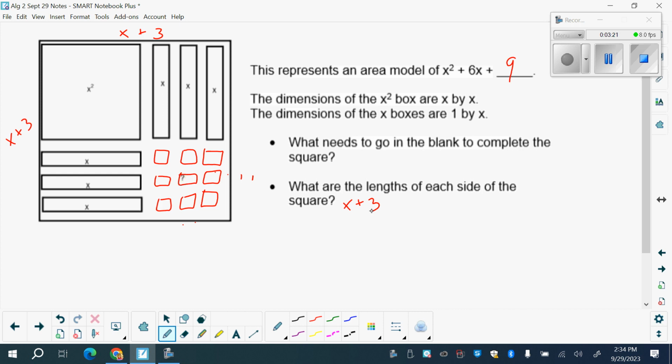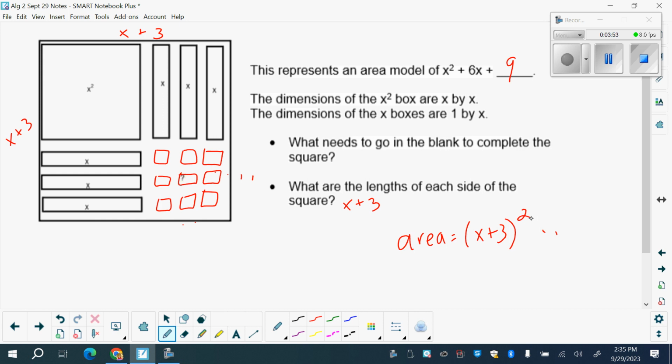So if we were to find the area of that square, it would be x plus 3 times x plus 3, which is the same as x plus 3 squared. Does that make sense? So we have an x plus 3 here and an x plus 3. If we multiply those together, it gives us x plus 3 squared.